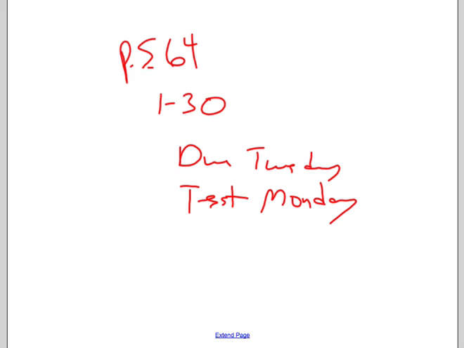I'm suggesting the next Friday is the last day for late work. Today's the 1st, so next Friday is the 8th. Okay, so the 8th is going to be the last day for late work.